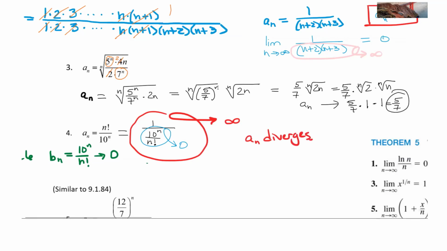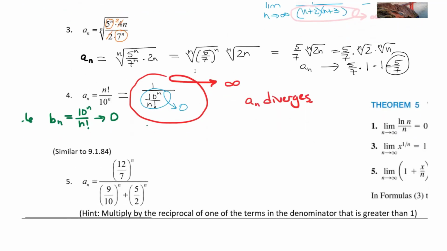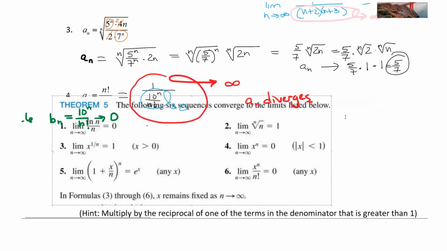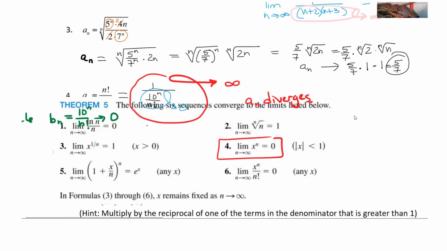Okay, and then another type of problem that you might see is something like this. Let me remind you of rule number 4 here. Rule number 4 says the limit as n goes to infinity of x to the n will be 0 as long as the absolute value of x is less than 1.